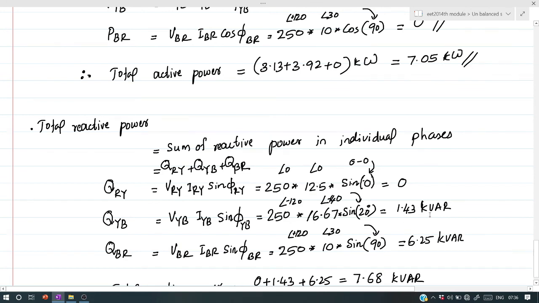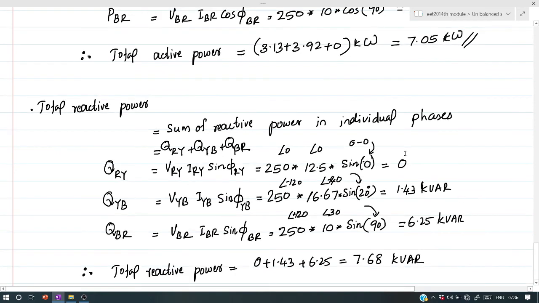It is obtained as 1.43 kVAR. And finally, QBR is equal to VBR IBR sin phi BR, which is obtained as 6.25 kVAR. After adding these three, we can obtain total reactive power as 7.68 kVAR.